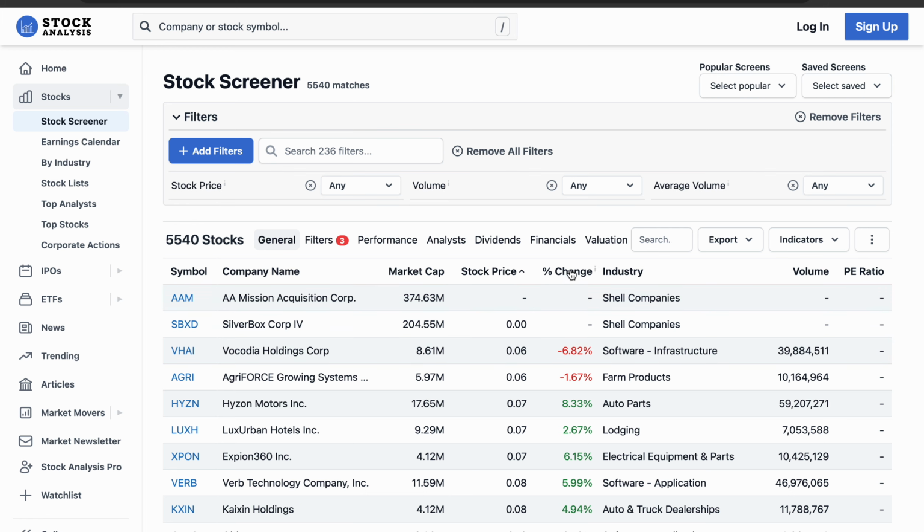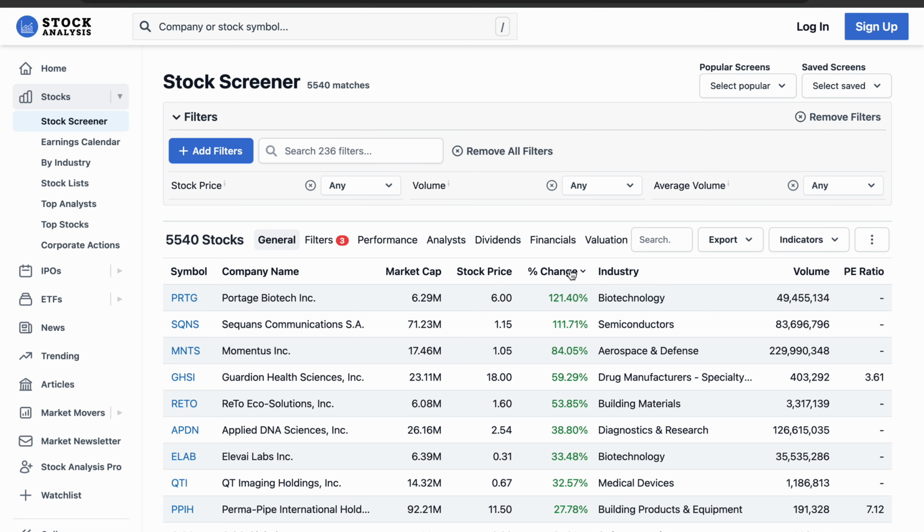And I want percentage change because I'm trying to find which is moving upwards. When I click that, for the cheapest stock, this is the highest change that is happening. But I'm trying to consider something like $1, $2, and something cheaper like this.